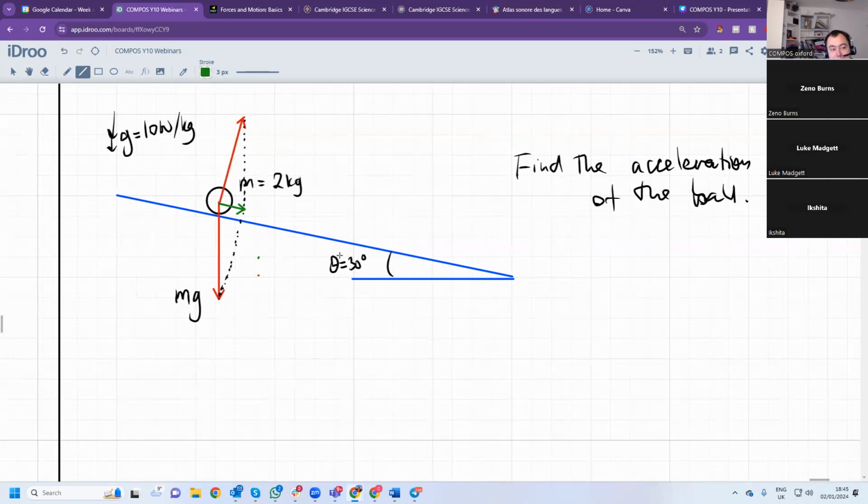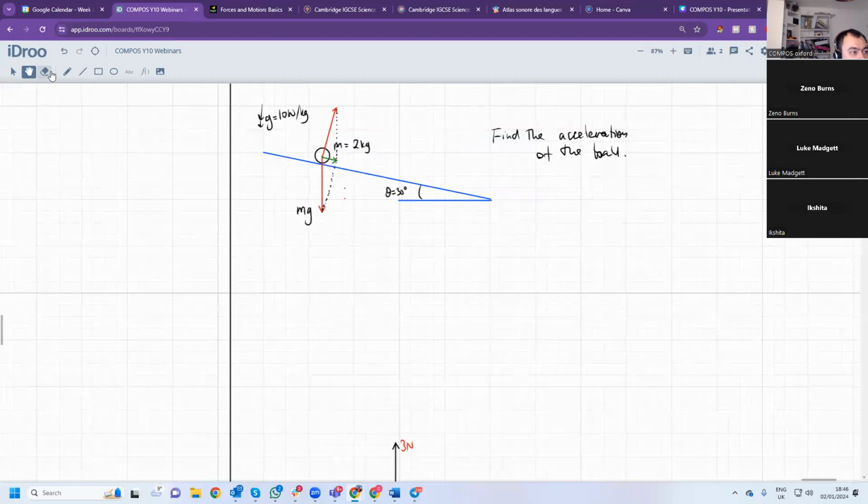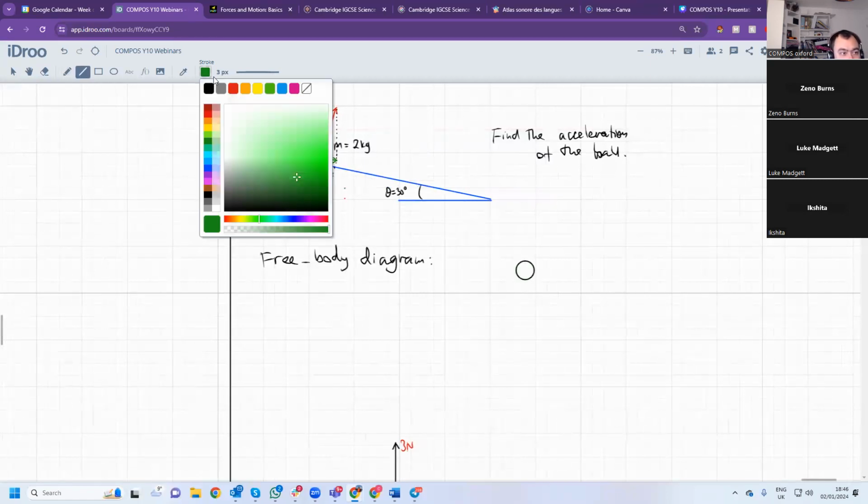Okay. Now we draw something that is called a free body diagram. So we draw the ball and the forces acting on that ball.